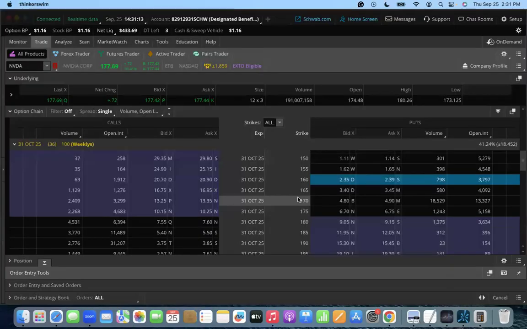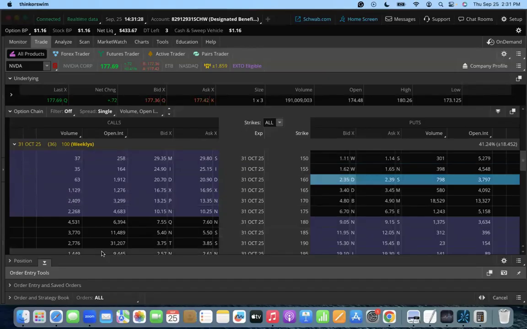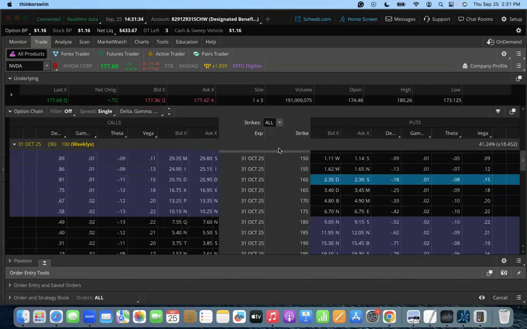So how do I use delta, right? I have rules set. I don't trade anything above 30 delta for my short put, the put that I'm selling. In this example, I was selling something like 170. But in reality, if you go here and choose delta, comma, theta, you will see the deltas here, and you'll see that 170 is like 33 delta, right?